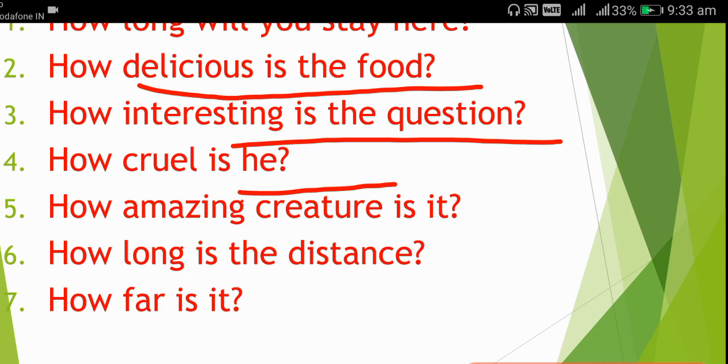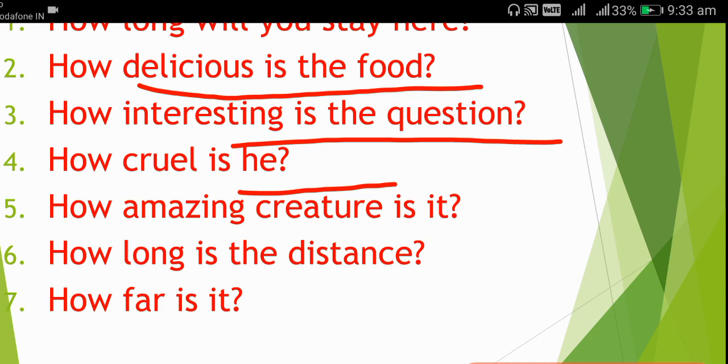How amazing a creature is it? If you find any creature amazing, surprising, ये क्रिएचर कितना अमेजिंग है. You use how amazing a creature is it.